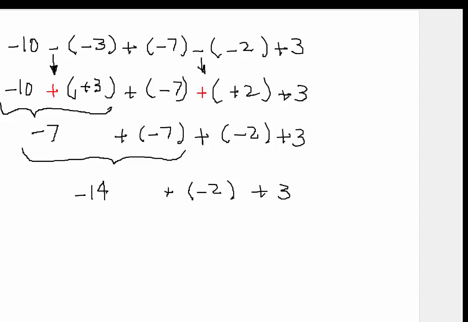All right, so you go from left to right again. You have minus 14 plus minus 2. Here you owe $14, and then you owe $2 in addition to that. Philly, what do you think the answer would be? Negative 14 plus minus 2. Okay, Casey, you want to give me the answer?